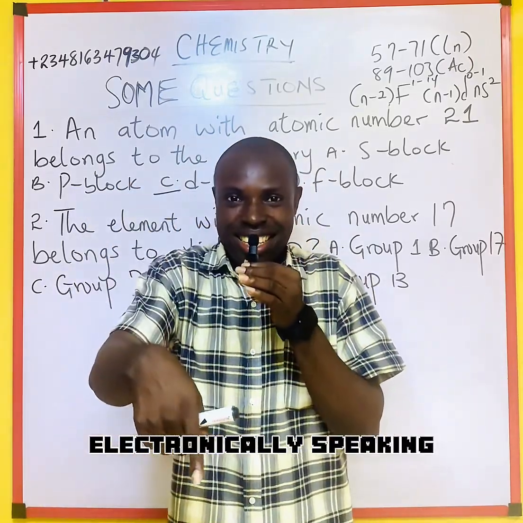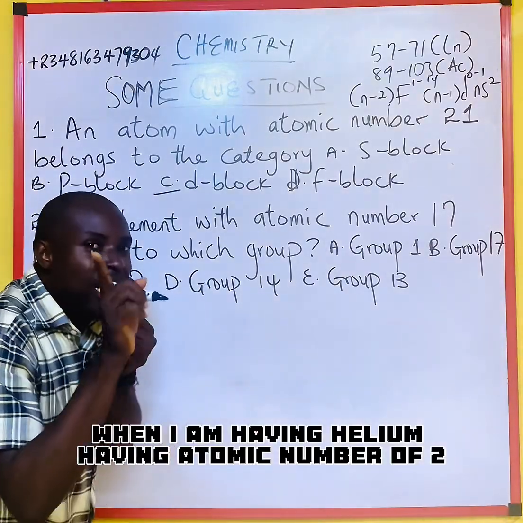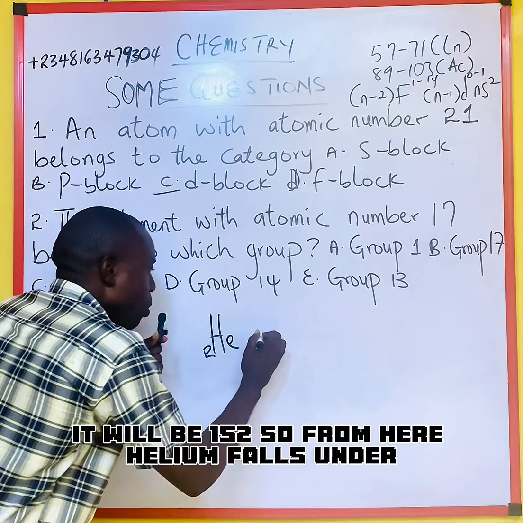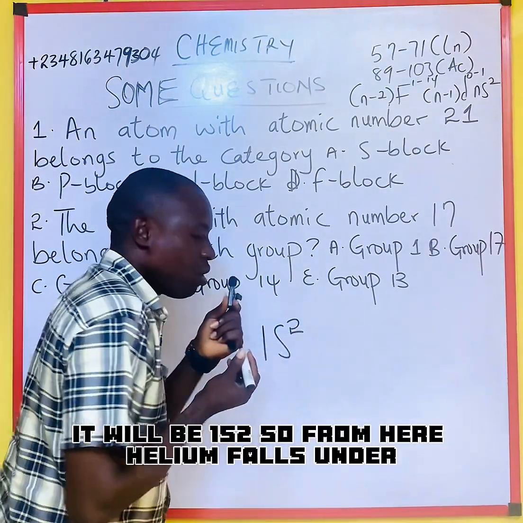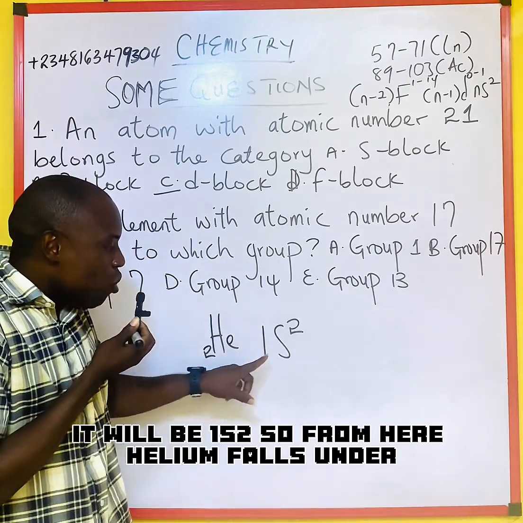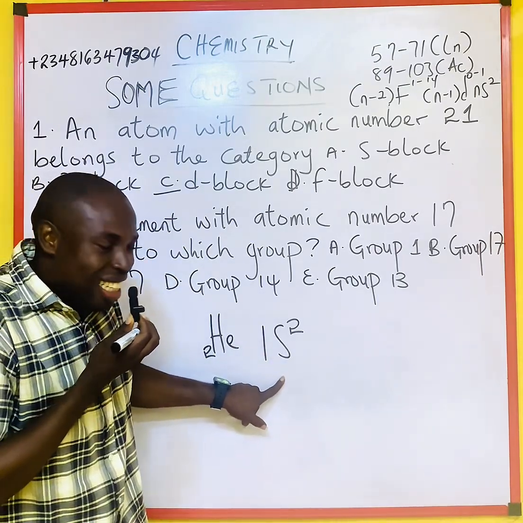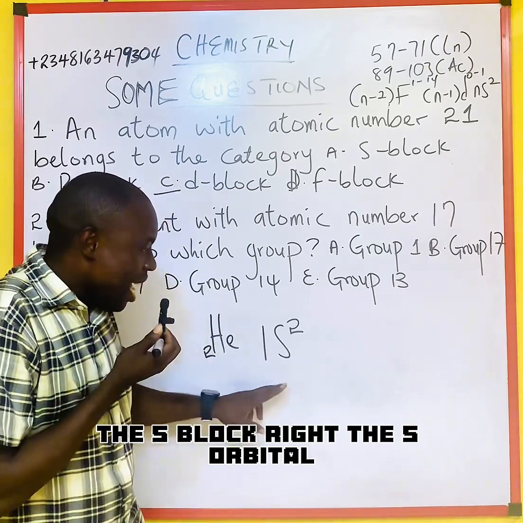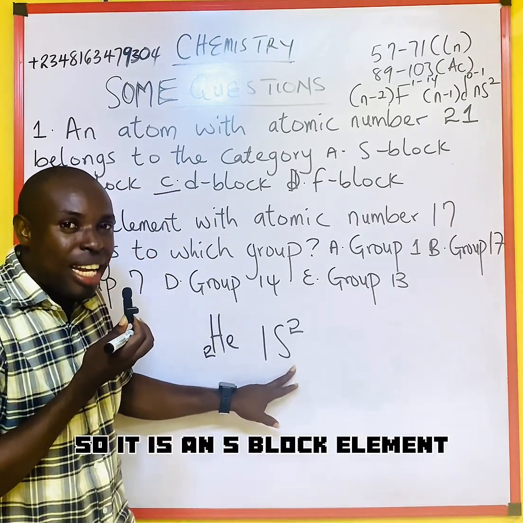Electronically speaking, helium has atomic number 2, so it is 1s2. So from here, helium falls under the S block, the s orbital. So it is an S block element.